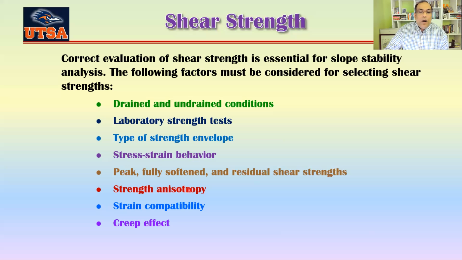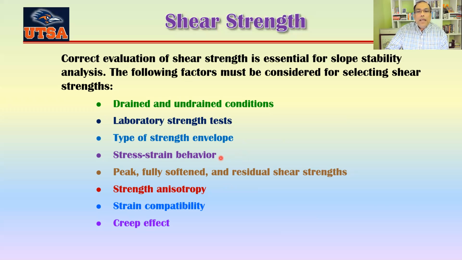And then we have to talk about strength anisotropy, whether they show any directional change of the strength, and then strain compatibility, how fast we are applying the strain in the laboratory and how this compares with the field condition. And the creep effect, meaning whether the load is there for a prolonged period, then how the soil will behave. So based on all these factors, I have to choose what shear strength parameters of the soil I'm going to use for the stability analysis.